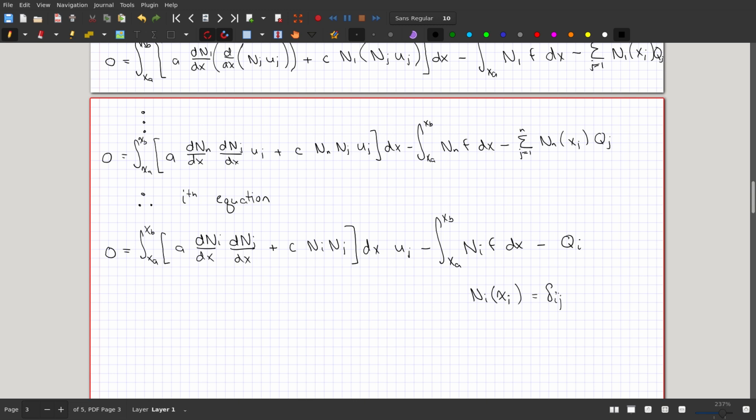So I can basically just substitute in the Kronecker delta there, and then the Kronecker delta takes the q_j to a q_i, right? And so then I have this, and I don't have to worry about that. Of course, this step I can only do if I have interpolating shape functions that have a Kronecker delta property, which I already mentioned is not always the case, but in the standard finite element method it is, right?